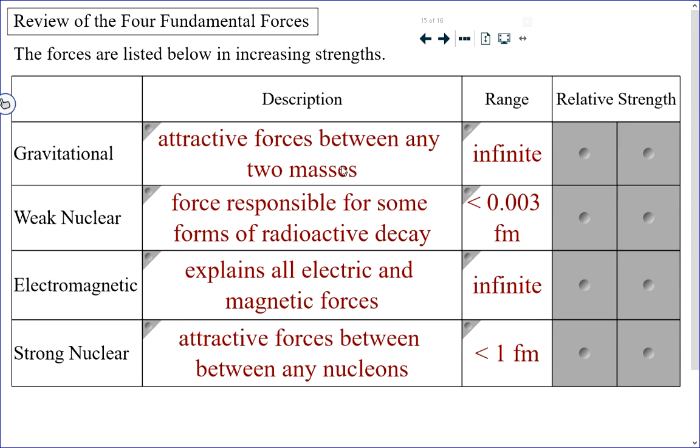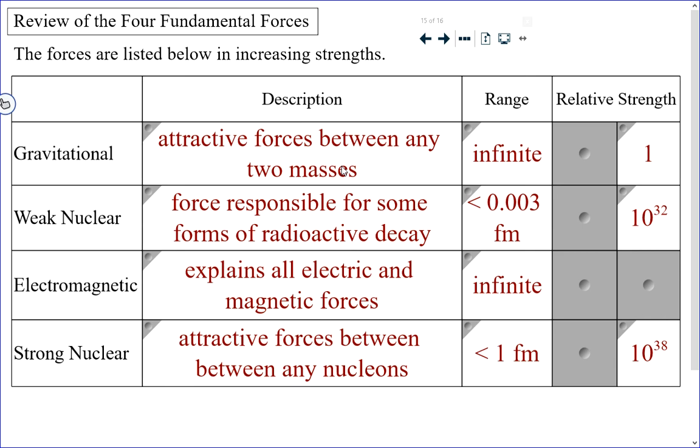The relative strengths are there just to give you an idea of the numbers that we're talking about. If we assign a gravitational force in the nucleus a value of 1, it turns out that the strong nuclear force is 10 to the 38 times greater. So the only thing I want to impress on you is that the strong nuclear force is huge compared to the gravitational force. When you compare the weak nuclear force to the gravitational force, the weak nuclear force is still huge.